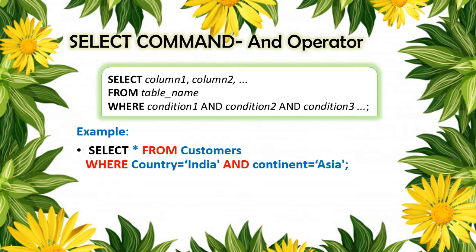General format: select column 1, column 2 from table name where condition 1 and condition 2, etc. For example, select star from customers where country equal to India and continent equal to Asia. So the customer details selected are of those who are in India and whose continent is Asia. Then only their details will be selected.